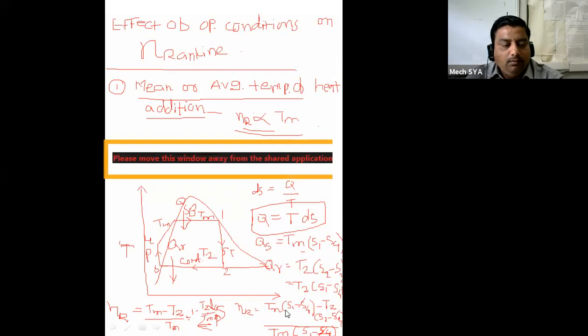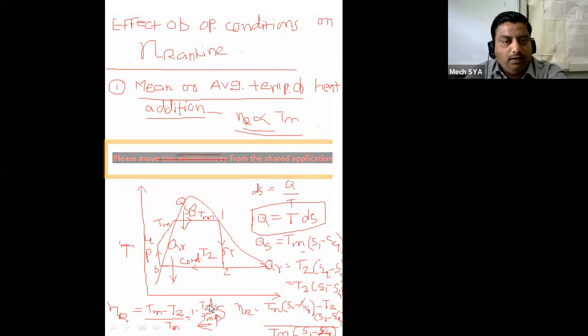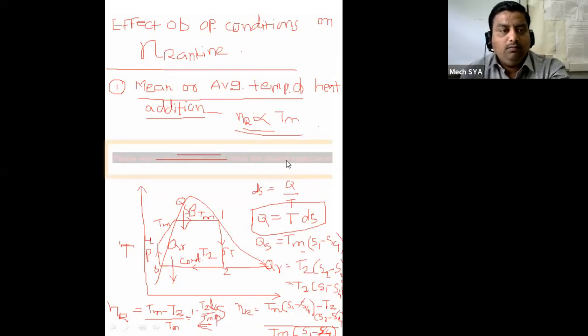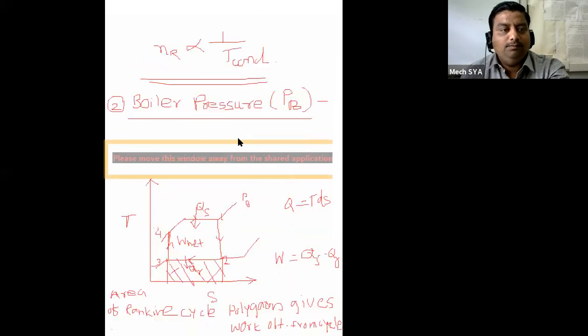Eta Rankine is equal to Tm(S1 minus S4) minus T2(S1 minus S4) divided by Tm(S1 minus S4). S1 minus S4 gets cancelled, and we get eta Rankine equal to (Tm minus T2) divided by Tm, equal to 1 minus T2 upon Tm. For getting more efficiency, T2 should be as low as possible and Tm as high as possible. Therefore, eta Rankine is directly proportional to Tm.